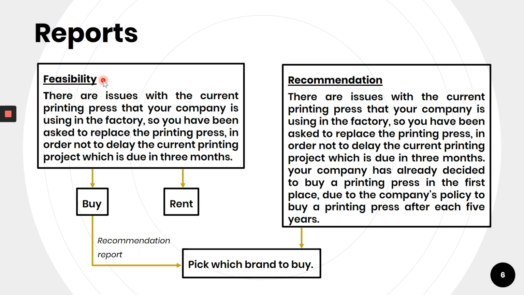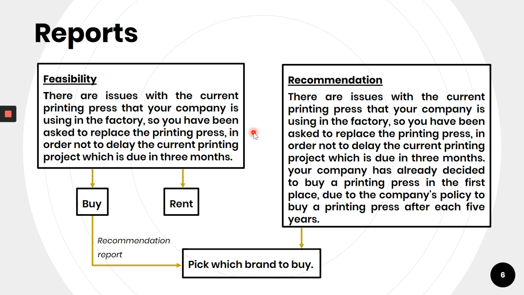For example, try to imagine that you are already working in a printing company. Let's say there are issues with the current printing press that your company is using in the factory. So you have been asked to replace the printing press in order not to delay the current printing project, which is due in 3 months.